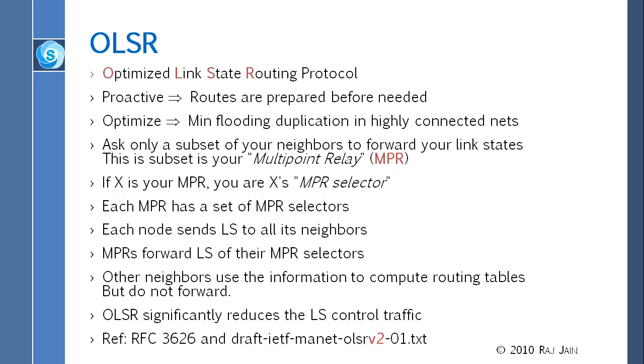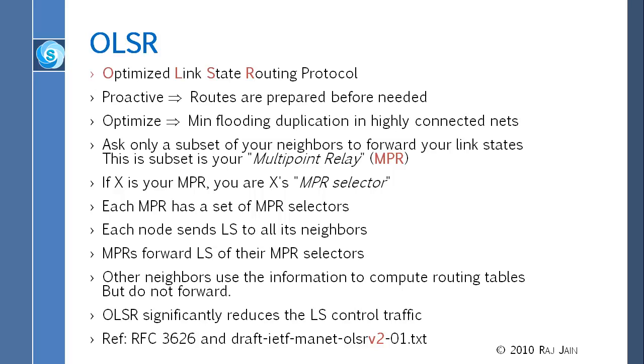I'm sorry, I should not have corrected that. You send it to all of them, but only the MPRs are the ones that forward it. Other nodes do not forward it. So the issue was about forwarding, that only MPRs will forward it. So you have 5 neighbors, and 2 of them will forward it on, and the rest of them, 3 of them, are not MPRs. They will just use it themselves but not forward it to anybody else. So you really send to all 5.